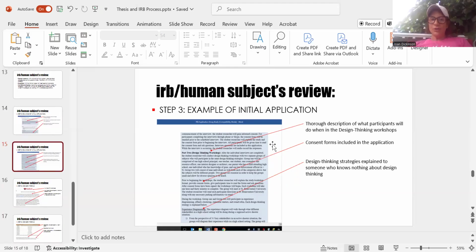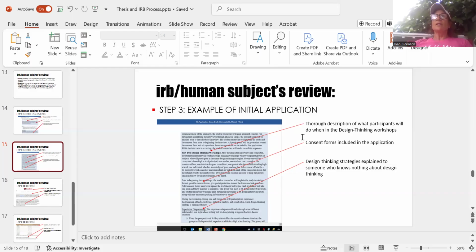Again, you're going to see here how this is laying out exactly how the study works from start to finish, okay? So in this case, let's say you're doing a design thinking workshop. Again, you've got to explain that workshop. You can't just say, and then the participants will complete a bullseye diagramming or experience diagramming.